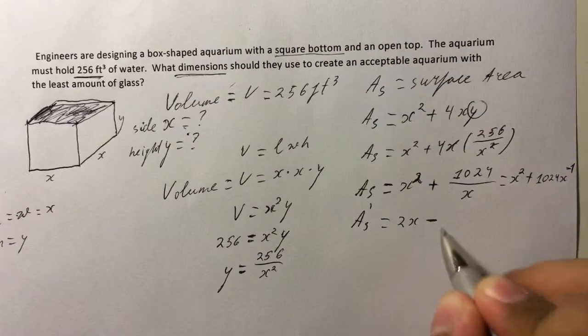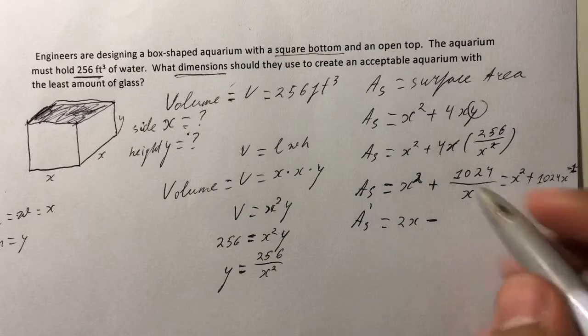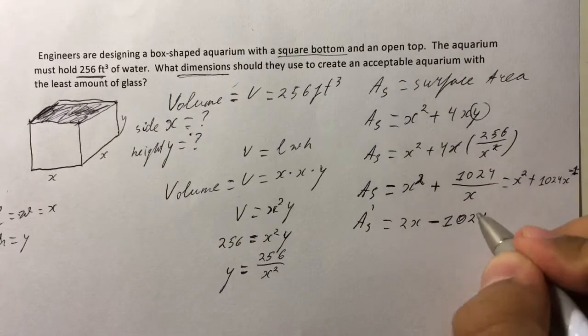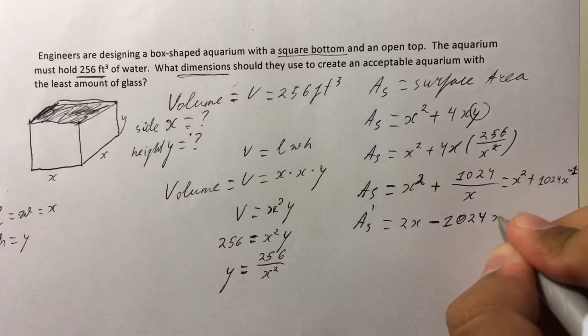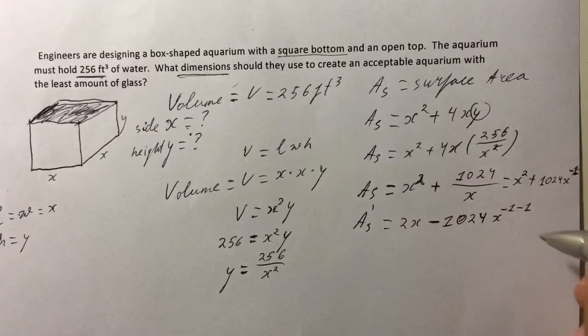Now minus, because the negative 1 will actually come down, right? So minus 1024 x to the negative 1 minus 1. So that's negative 2 right there.